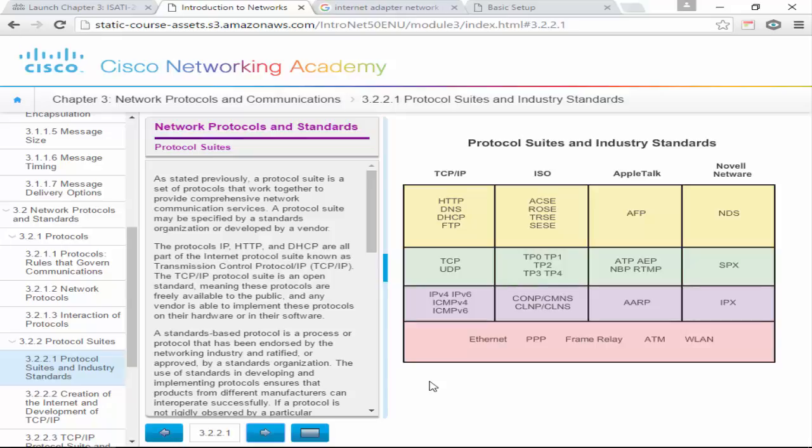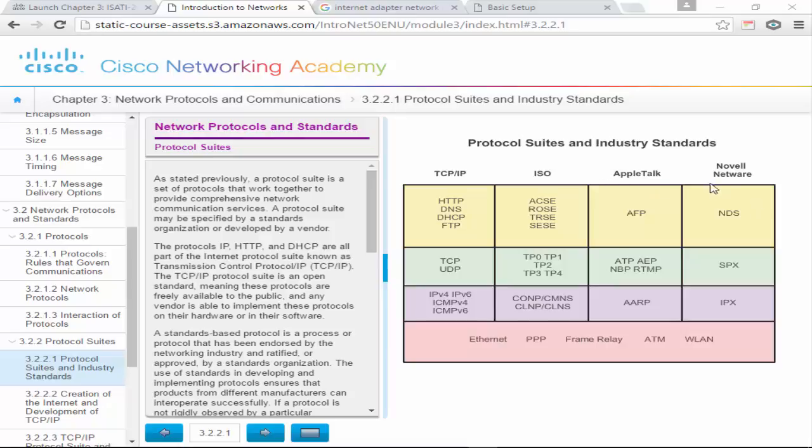So here are protocol suites and industry standards. Everything runs off of TCP/IP now, but in the past, actually ISO still runs some things, I believe, but I'm not sure. I think some telephone standards are still ISO.